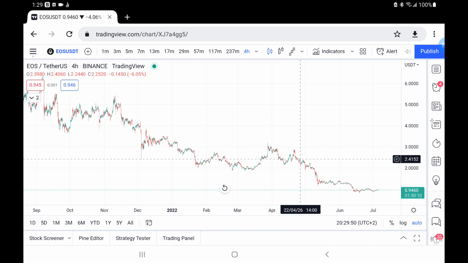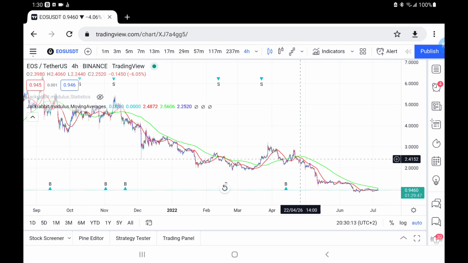So let's actually get into the mathematics of defining a trend with one of the simplest approaches possible. Now, Jackrabbit makes that easy, so of course I'm going to use Jackrabbit because you can easily see it on the screen. So let's start with a very simple trend following technique for moving averages.